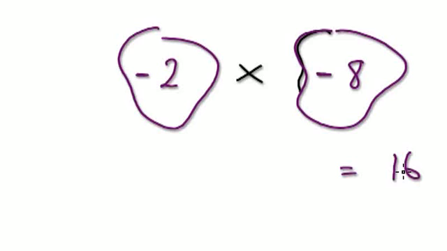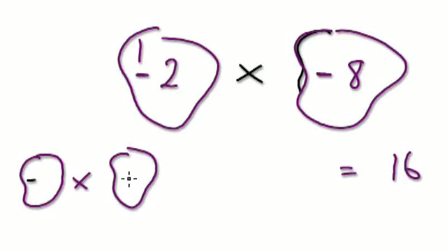Well, that would be 16, and because there's two negatives, that would be a positive. And if there's a negative here times a positive number here, just do the number times the number as normal, whatever it is, and then because there's one negative here, the answer would be a negative.